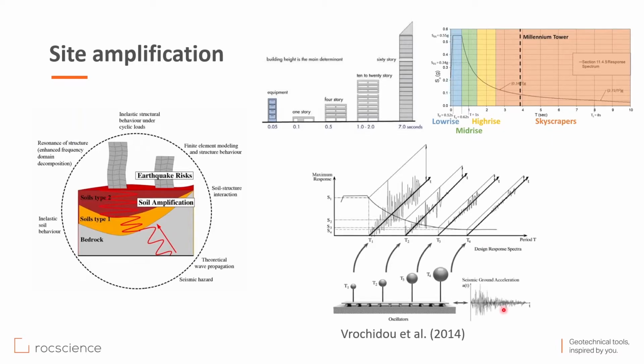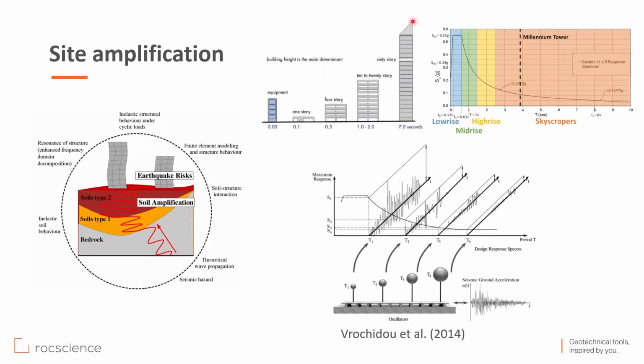So you can imagine if an earthquake is coming, you have several oscillators. You can imagine that these could be buildings with different resonant frequencies. And of course, it's visible.